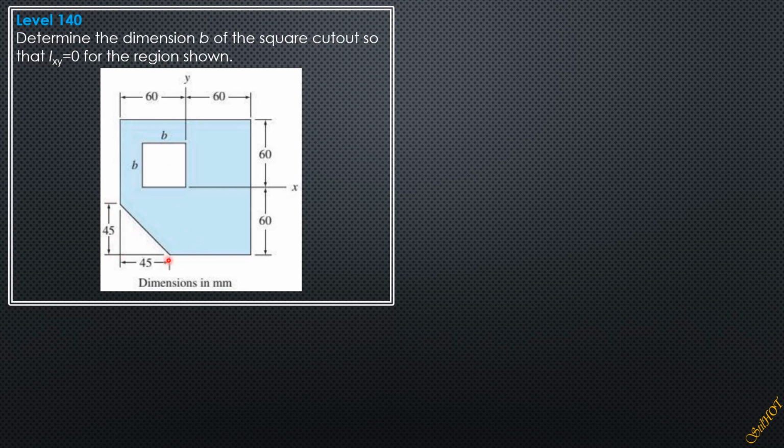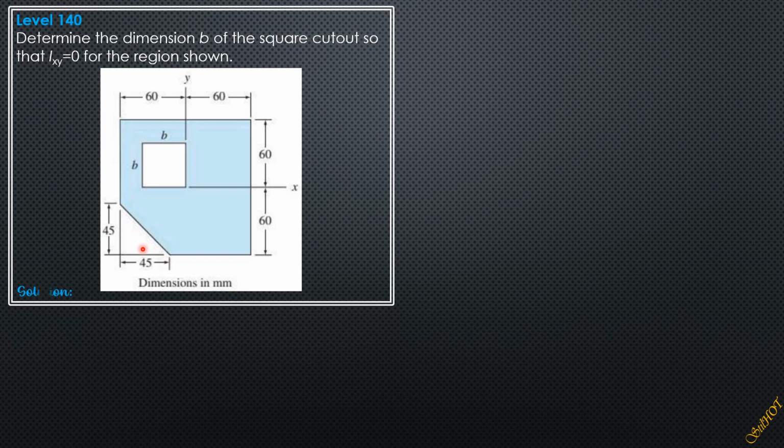And for this triangle in this orientation, we have to locate the centroid. Its product of inertia in this orientation with respect to the centroid is negative b square h square over 72. Then area is 1 half 45, 45. X bar is this distance, which is negative. Y bar is this distance, which is also negative.